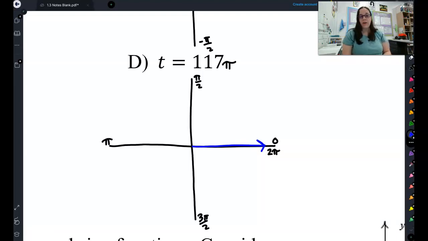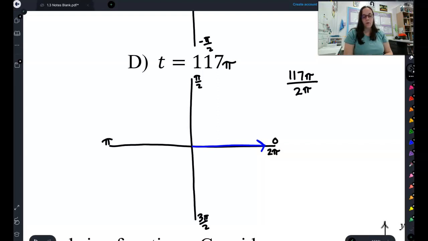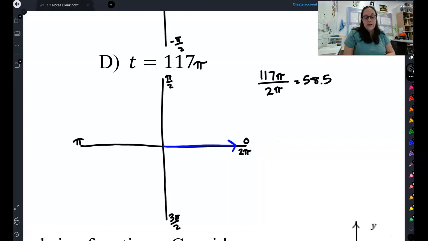So I need to figure out how many times am I going around this circle and then how much is left. So if I take 117 pi and divide it by the full revolution, that's going to get me 58.5 revolutions. So I need to go around this circle 58.5 times.